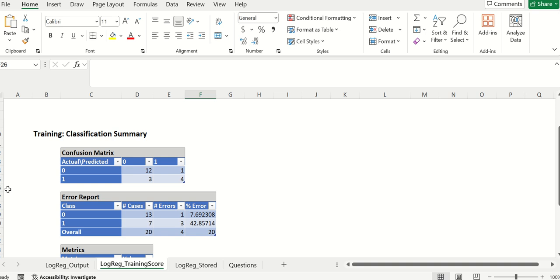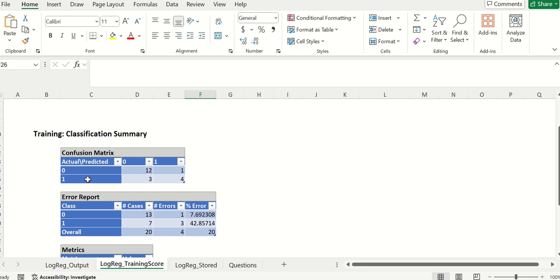Confusion matrix says that I have held out a certain amount of my data, and I have tested this model to make sure of the way that it works out. All right? It's saying that if I predict no crime is committed, 12 times the actual outcome was correct. However, if I predicted no crime, 1 time the person really did commit a crime.